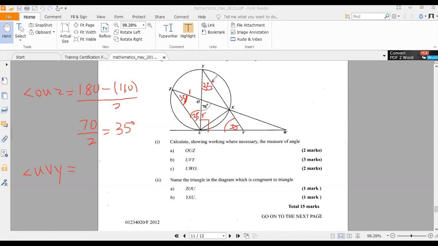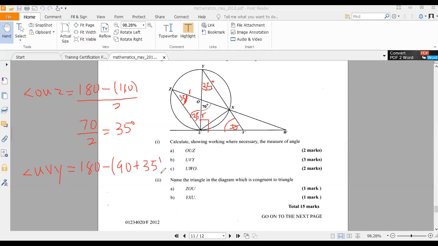All right. Now what we do next is this. We have 90 and 35, and we want to find theta. So that means this will give me 180 degrees minus open bracket 90 plus 35.